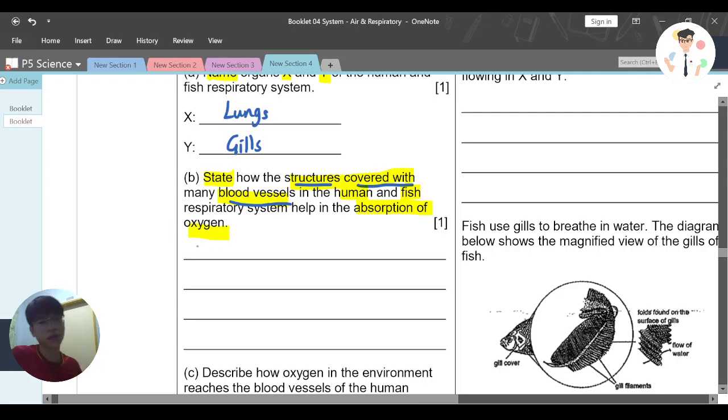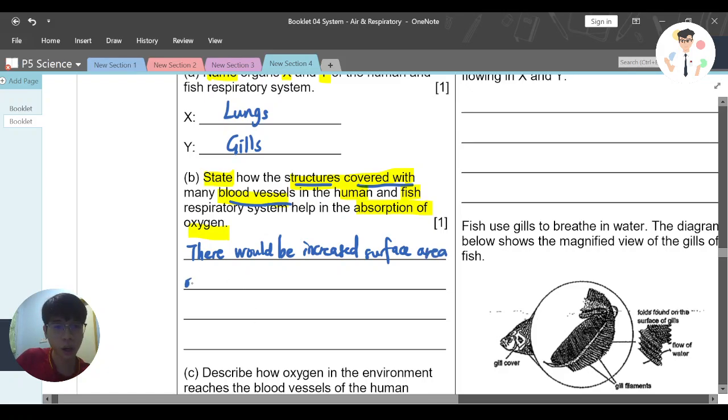Let me quickly write this down here. These structures provide increased surface area of contact between blood and oxygen.